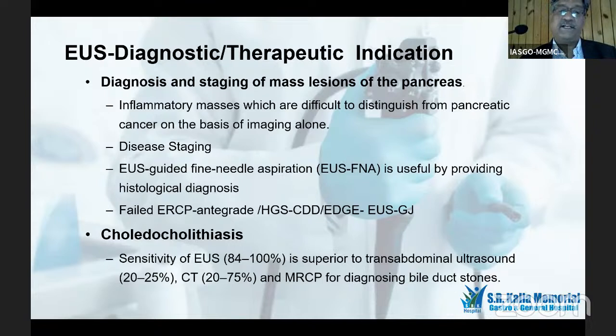In failed ERCP, antegrade stenting can be done. Hepatogastrostomy can be done. Choledochoduodenostomy we just saw. And there is an advanced procedure wherein we can do gastrojejunostomy by EUS guidance also, instead of a mutilating surgery in metastatic patients who are not fit.